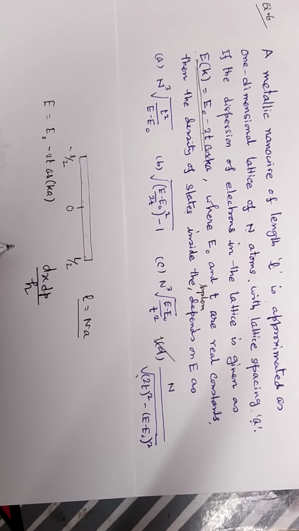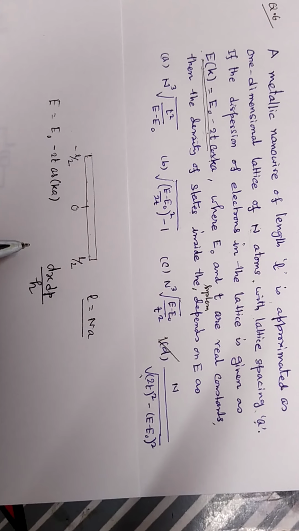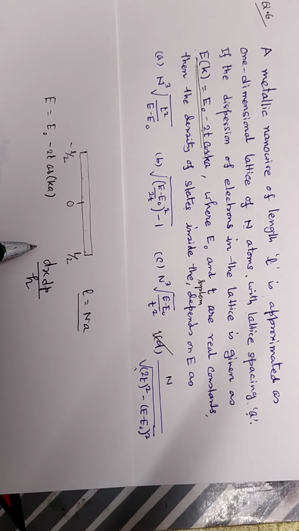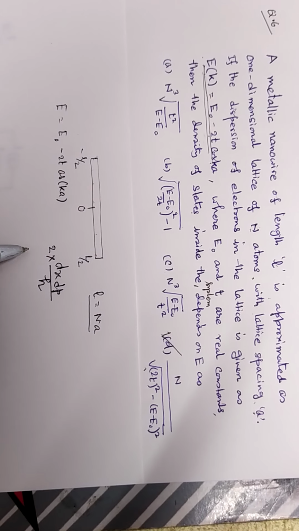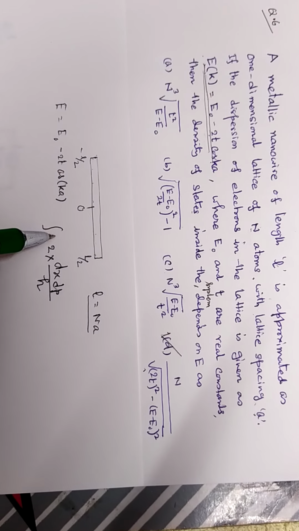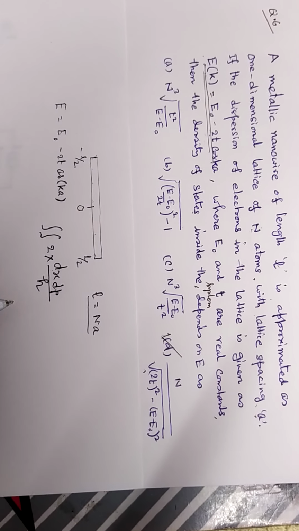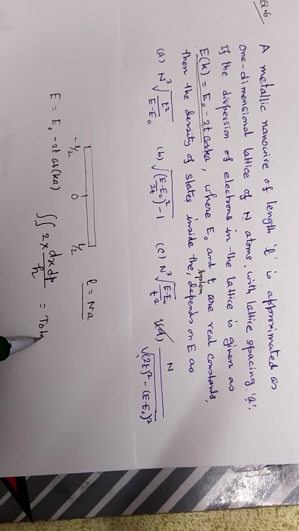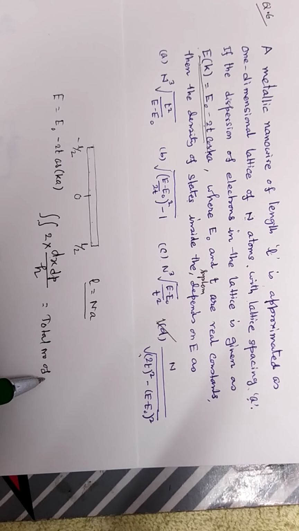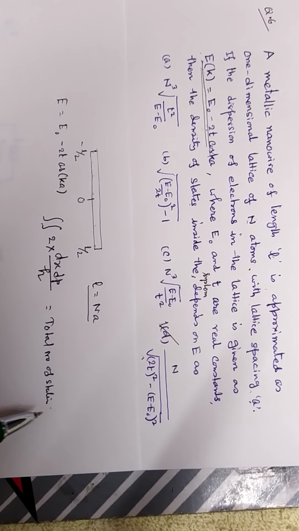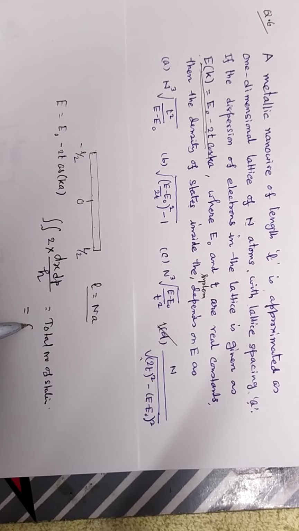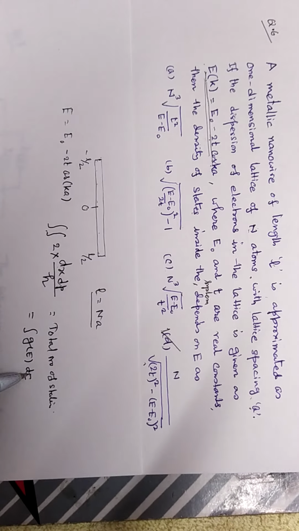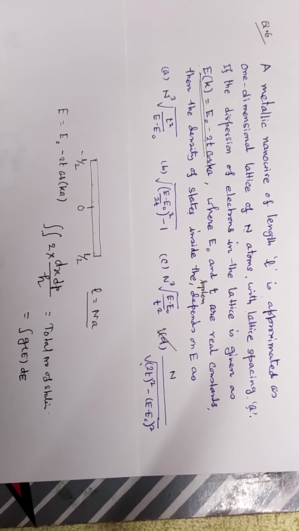And since you are talking about electrons, which has 2 degrees of freedom as far as spin is concerned, you have to multiply by 2, and then if you integrate over both the position and momentum, you get the total number of states of the system, right? And this total number of states can be written as density of states integrated over E. You get the total number of states.